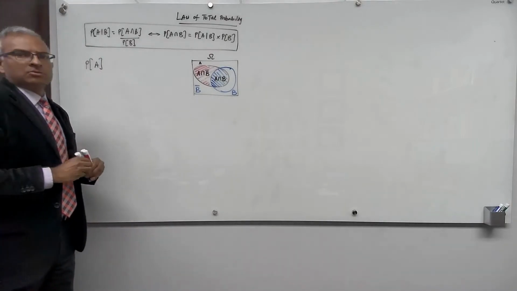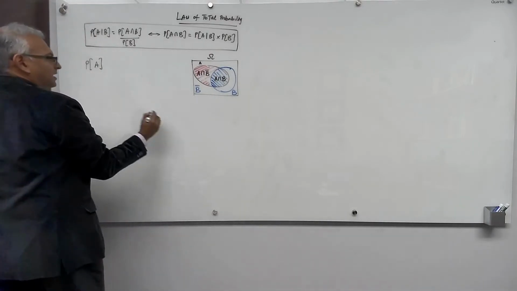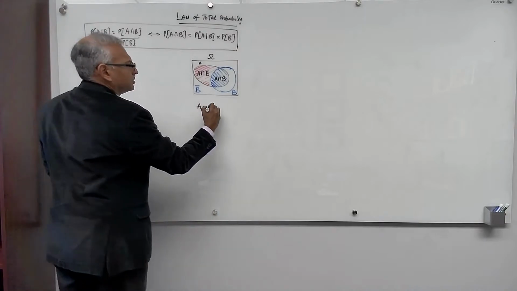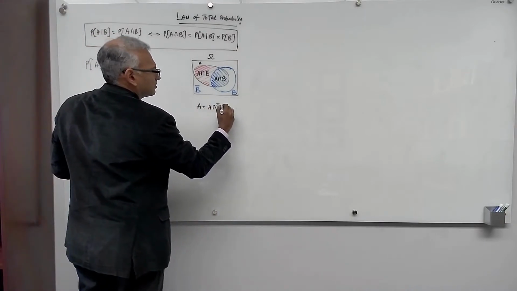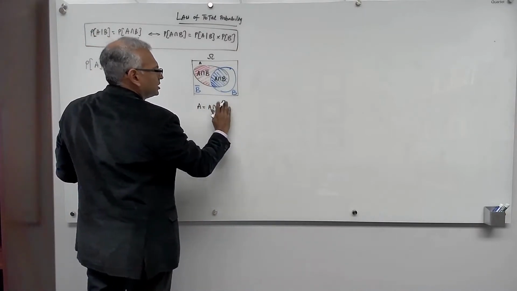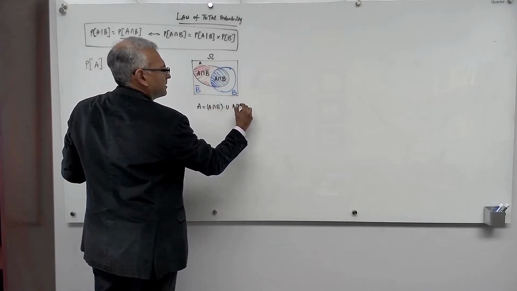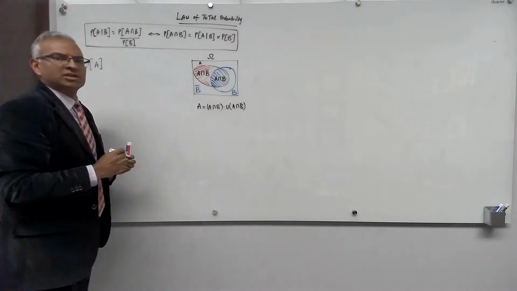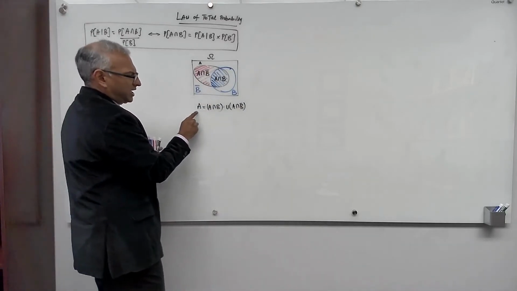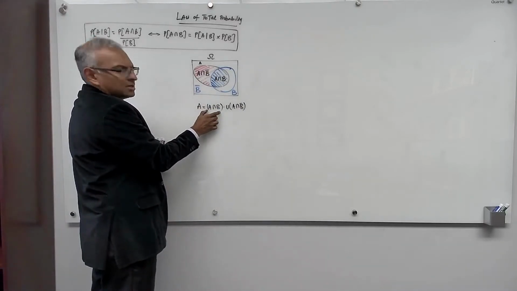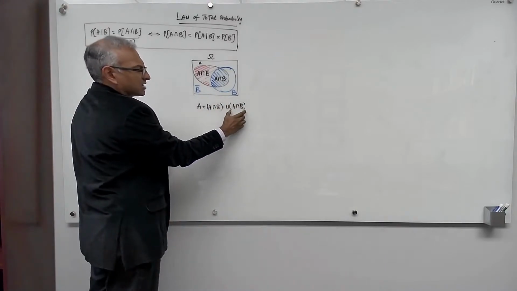Now, the outcomes in A: A is equal to A intersection B, union A intersection B bar. And you can see that these are two disjoint sets, so the outcomes in A are those in A intersection B together with those in A intersection B bar.